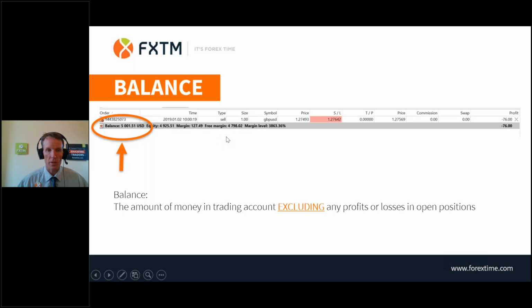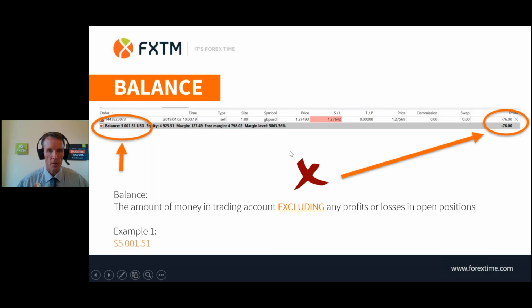So then you start to understand why all these things are there. Right. So let's go on. We've got the balance there, the amount of money in your trading account. Remember, excluding any profits or losses. So, example 1. That is the amount that we have there.